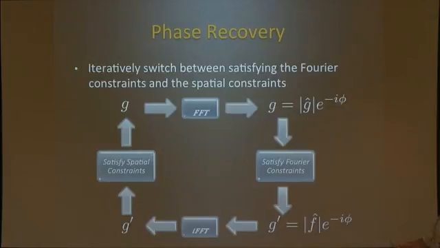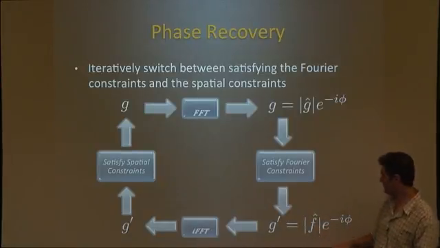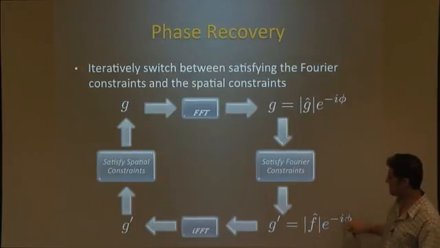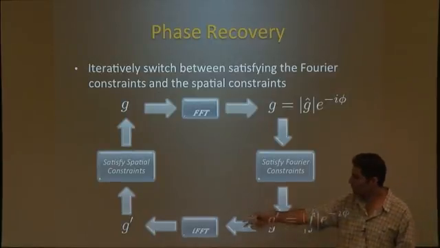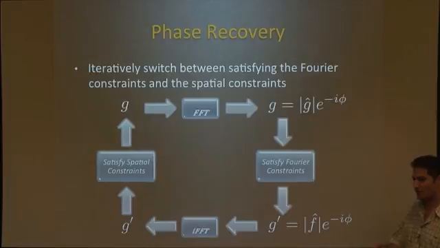Now we correct the constraints in Fourier, which basically tells us to change its magnitudes to the given magnitudes, but we maintain the same phase. Then we go back to real space, and now we apply the spatial constraints, which are positivity and limited support. We set values to 0 and clamp them below 1 if needed, or maintain some integration, and repeat this process again. This is a very old strategy, but it's still the state of the art.